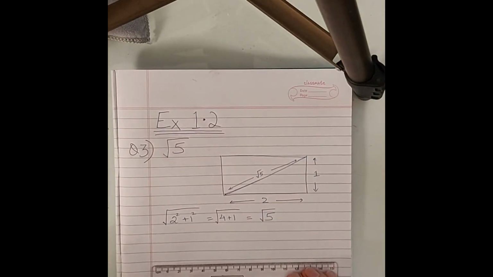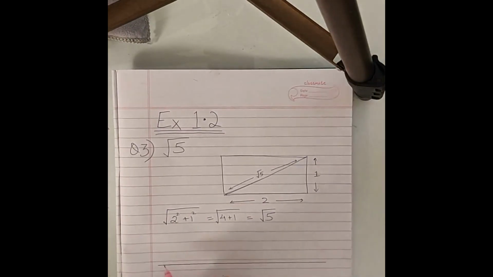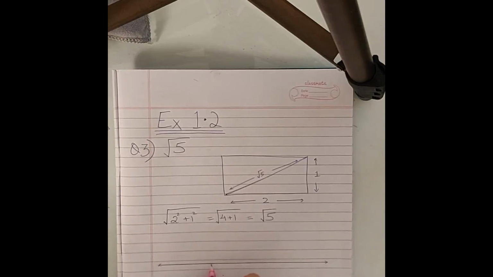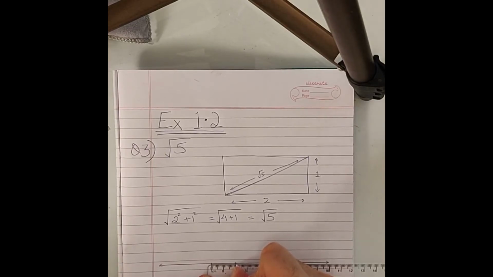Let's first draw the number line. Let's label a point 0. And let's make the rectangle with the side of length 2 units on the number line and 1 unit as the perpendicular.